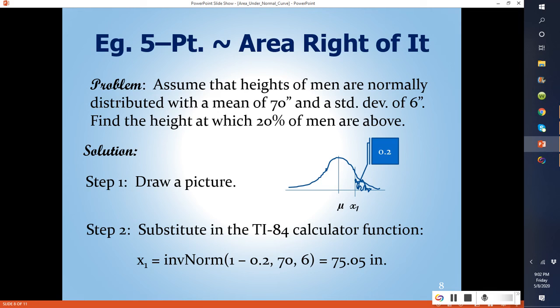So what's the difference? If you use the 0.2 where the 1 minus 0.2 is, you need to put a negative sign in front of the inverse norm.